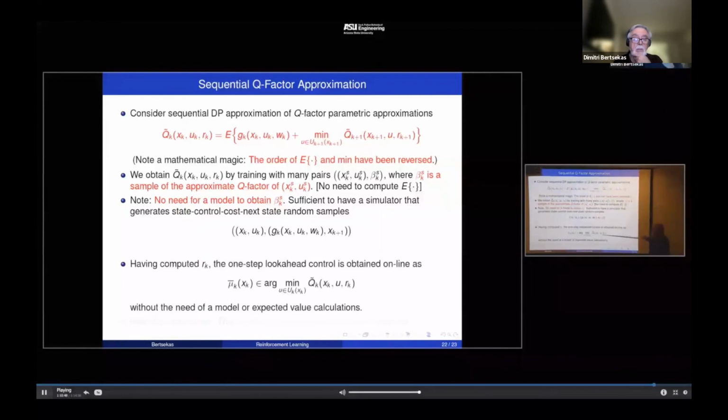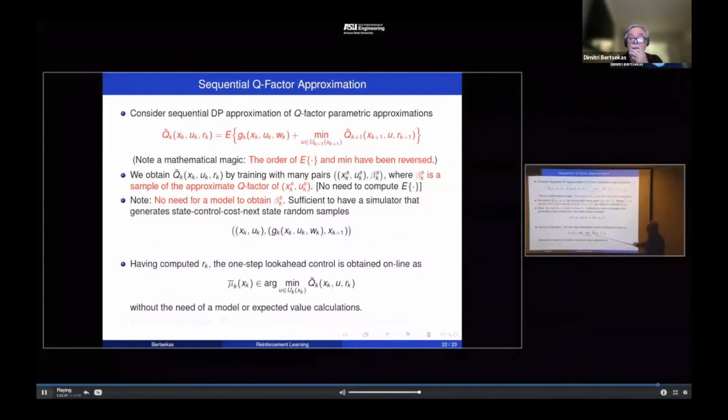And after you have done this training backwards, and you have obtained these parameter vectors for each stage, then you can implement a one-step look-ahead control by minimizing over Q factors. So here, for every possible control, you have your approximation architecture generate a value, and you pick the control that is minimum. No model needed again for this. The neural network or the approximation architecture generates these Q values, and you do just a minimization either by brute force or in some other way, perhaps involving some optimization.